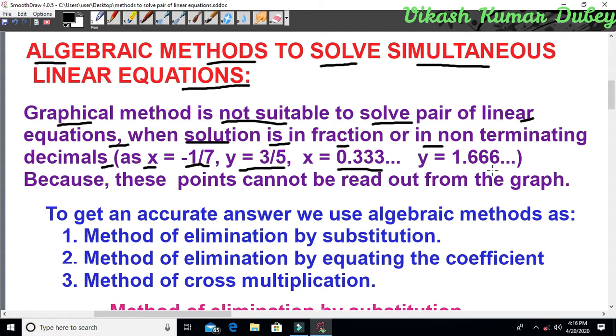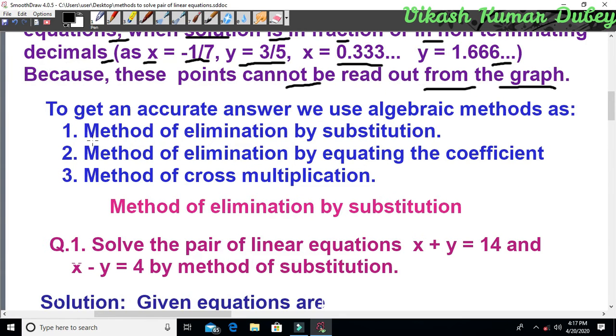So these types of solutions cannot be read out from the graph accurately, and to get an accurate answer we use the algebraic method. There are three methods. First is the method of elimination by substitution.